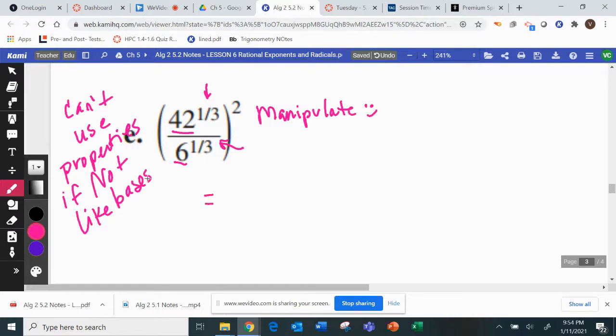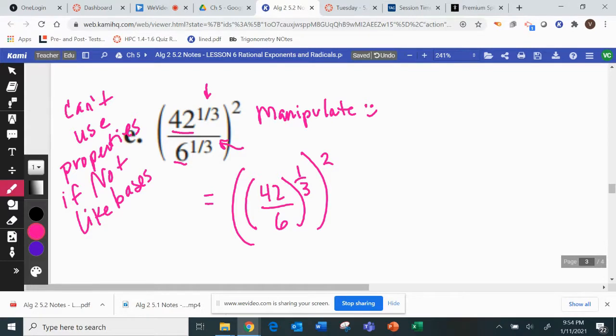I'm going to rewrite this as 42 over 6 to the 1/3 and then squared. So since 42 and 6 both have the 1/3 power, I kind of took it out of both of them and put them in one parenthesis with the 1/3 on the outside. And then from there, they're still squared.